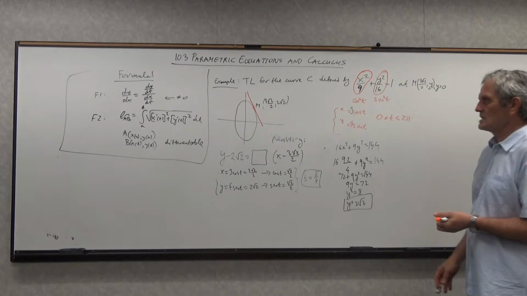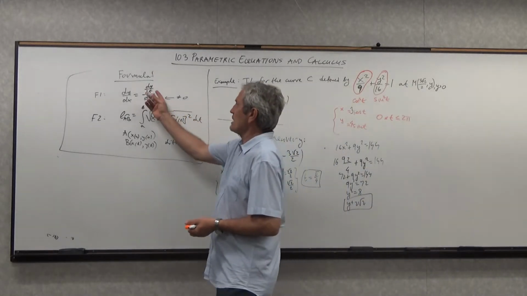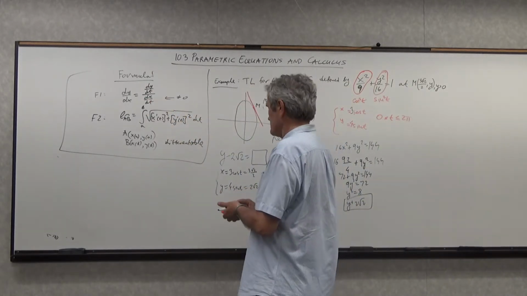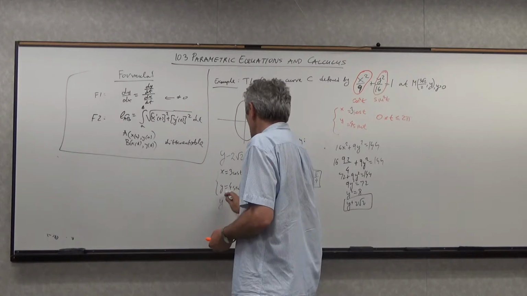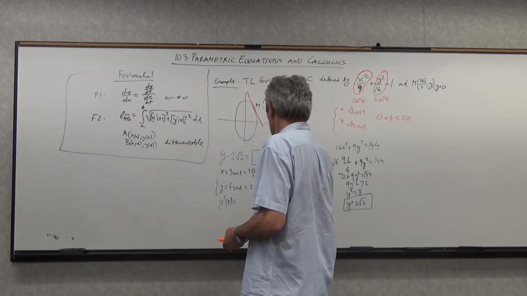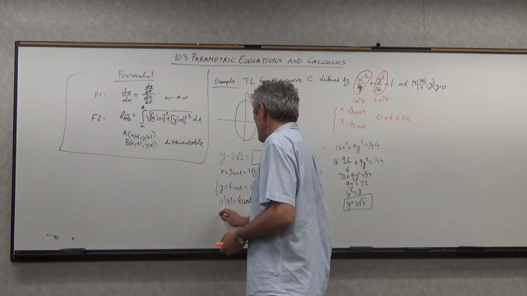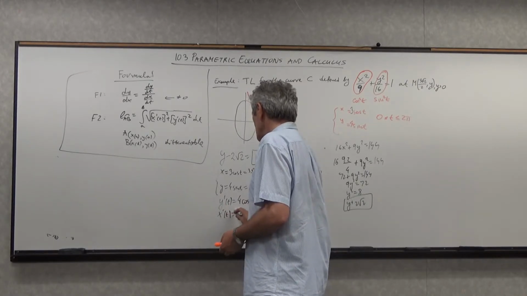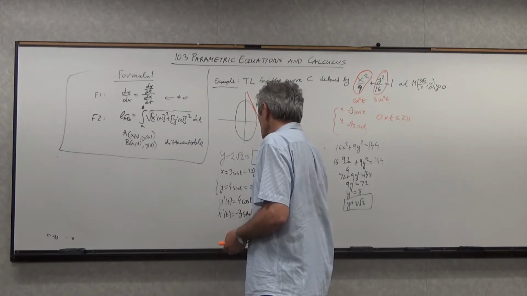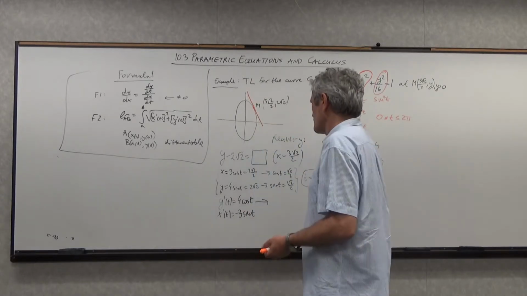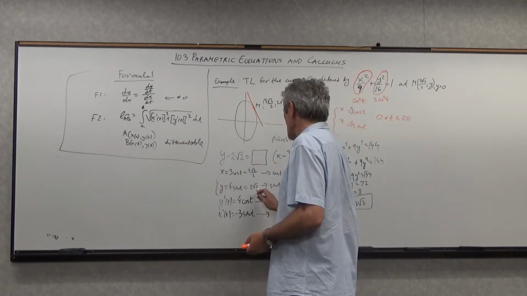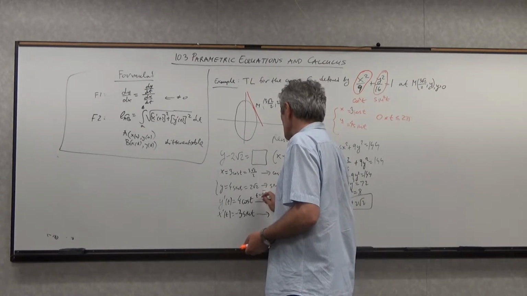And then what happens? I've calculated x prime and y prime. So y prime of t is 4 cosine t. X prime of t is negative 3 sine t. So I'm not going into formula because I just want to prepare the pieces and then say t is pi over 4, we said.